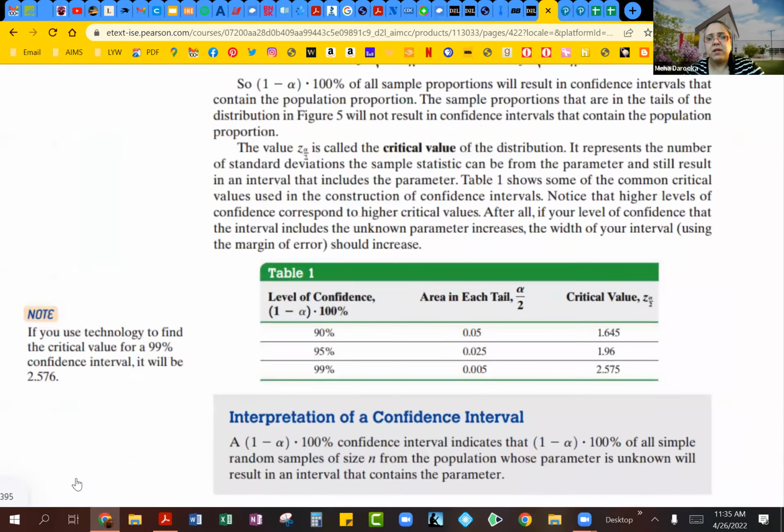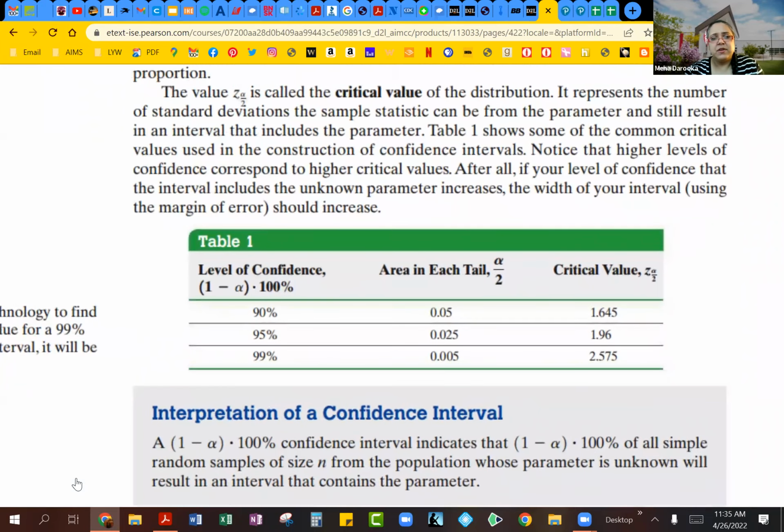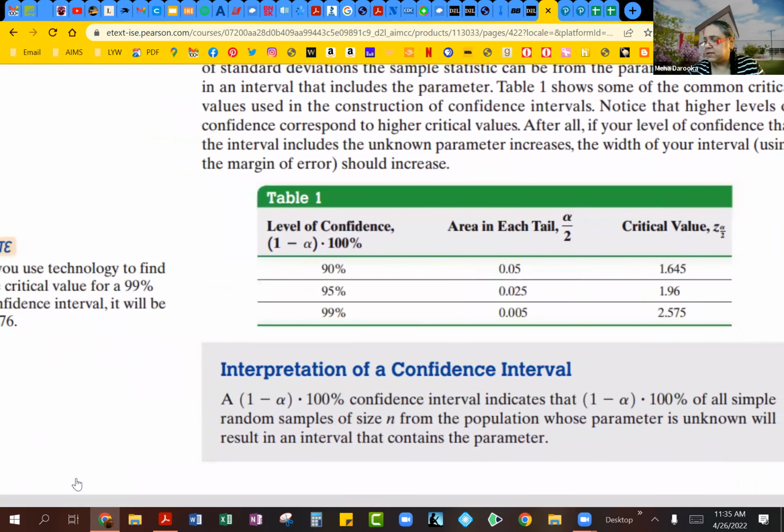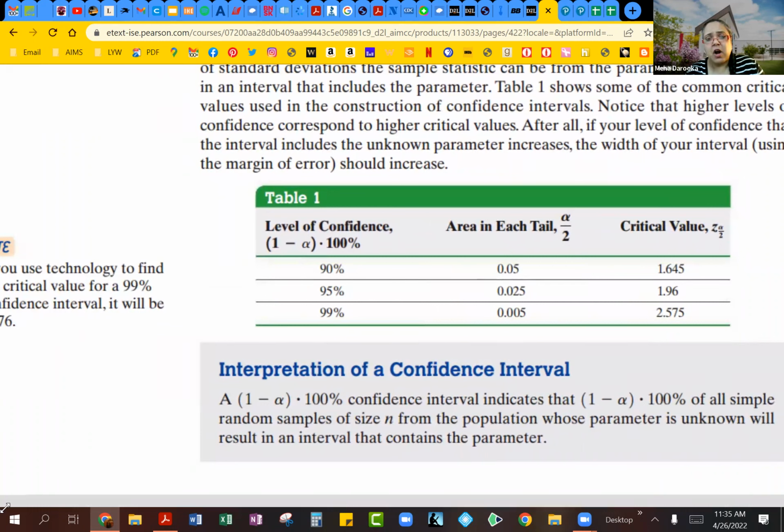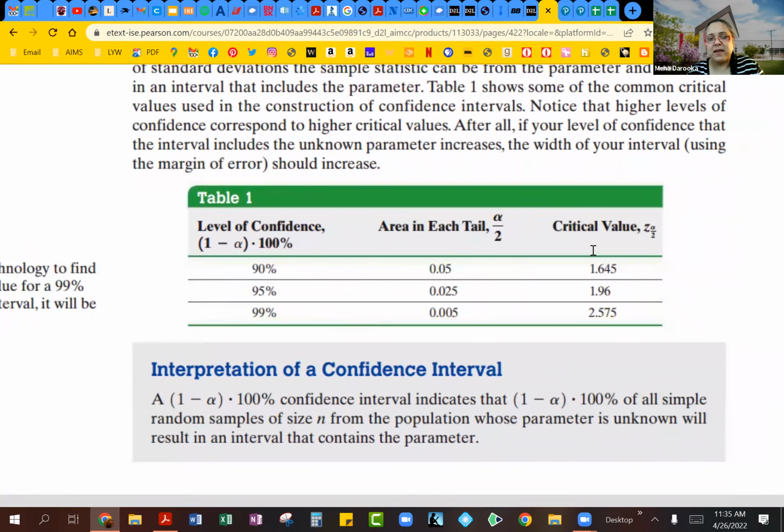There we go. So here you can see, this is a really neat little table. You've got the different levels of confidence. So 90, 95, 99 are the most common ones. You can see when we calculate their alpha divided by 2, what these will come out to be, depending on the confidence interval. And then they give you your critical values over here.